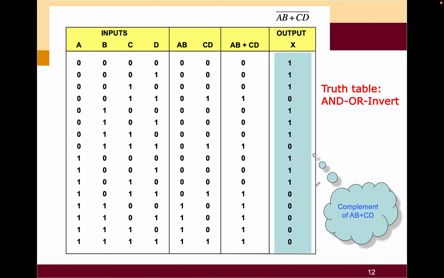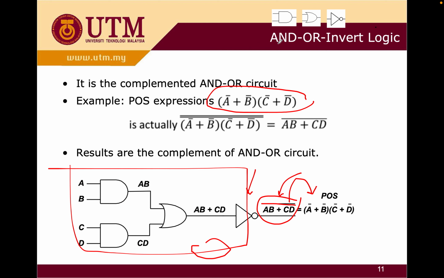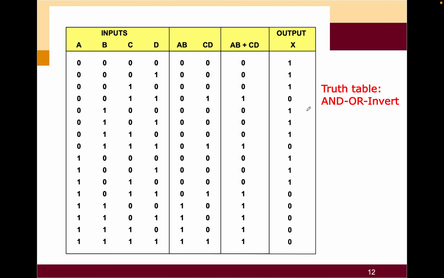And then what else can you do? If you were given this, you can see the output is X. For the output X, it is A bar plus B, C bar plus D. So from this expression, you can get the truth table like this.